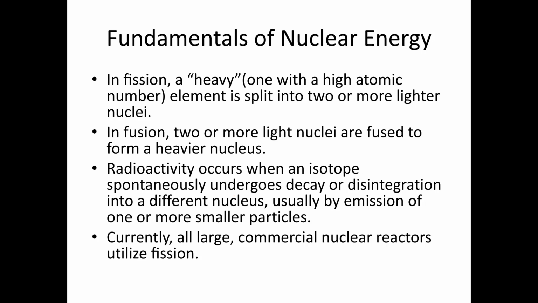In fusion, two or more light nuclei are fused to form a heavier nucleus. And radioactivity occurs when an isotope spontaneously undergoes decay or disintegration into a different nucleus, usually by emission of one or more smaller particles. Currently, all large commercial nuclear reactors utilize fission.